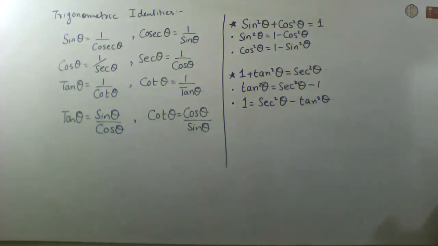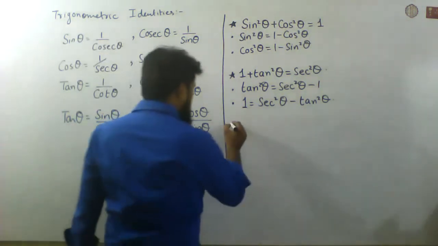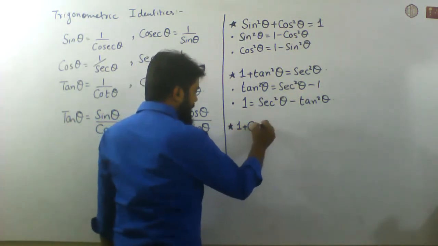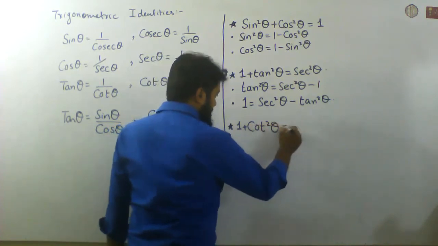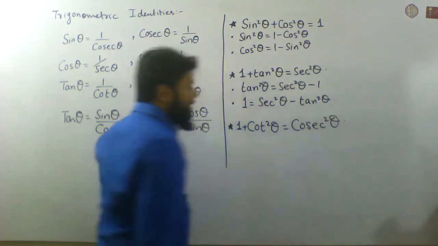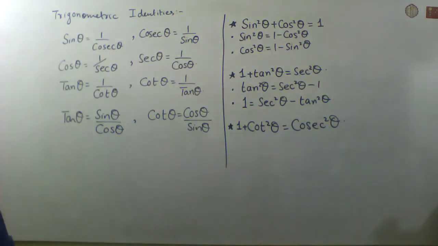Okay, last one is 1 plus cot square theta equals cosec square theta.